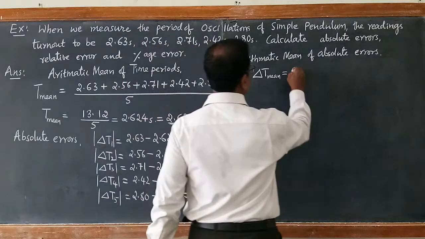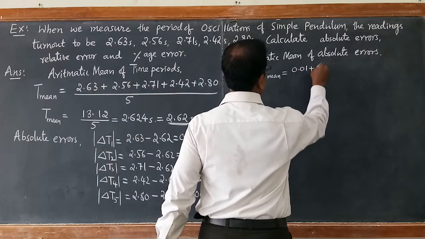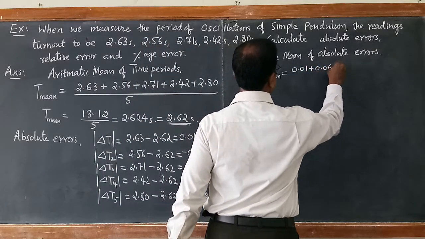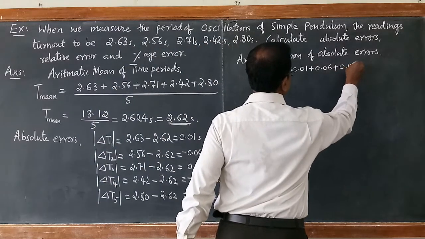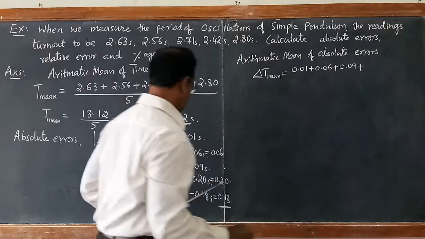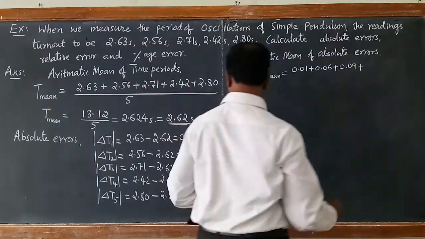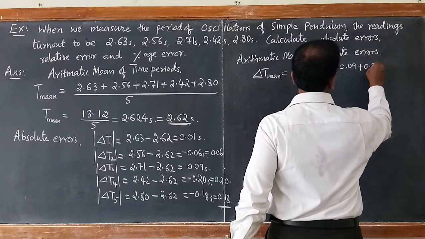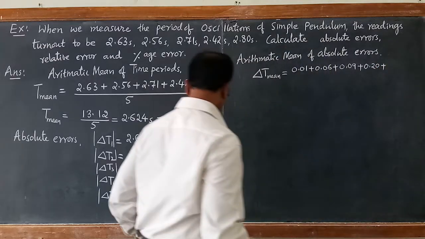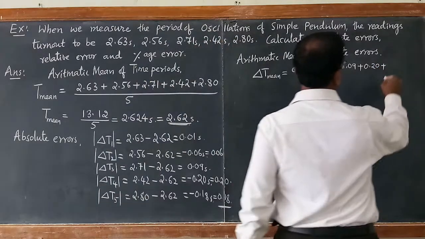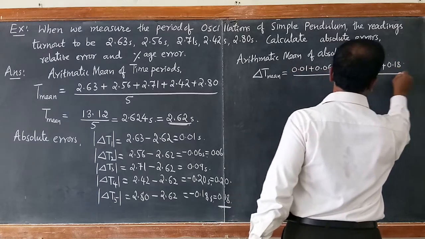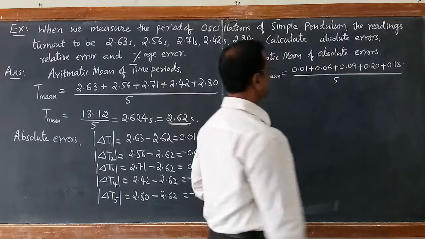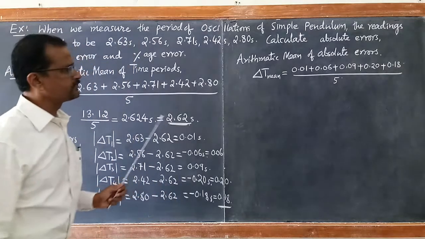0.01 plus 0.06 plus 0.09 plus 0.20 plus 0.18, whole divided by the number of absolute errors, that is 5.